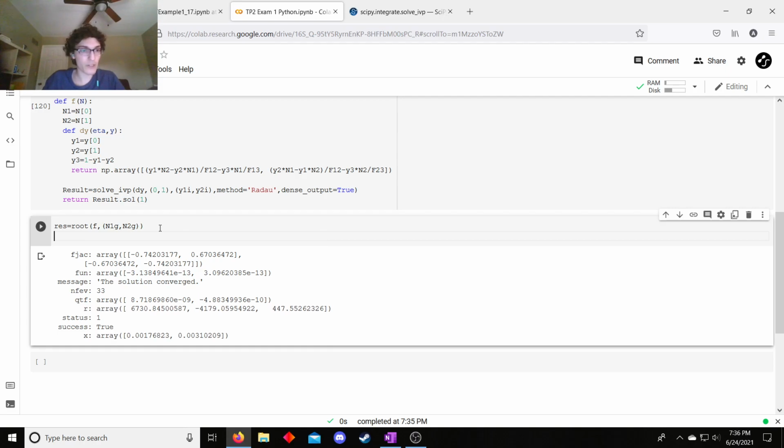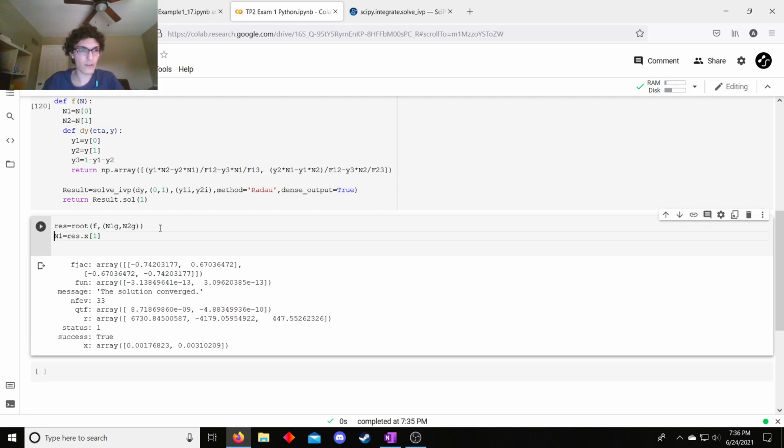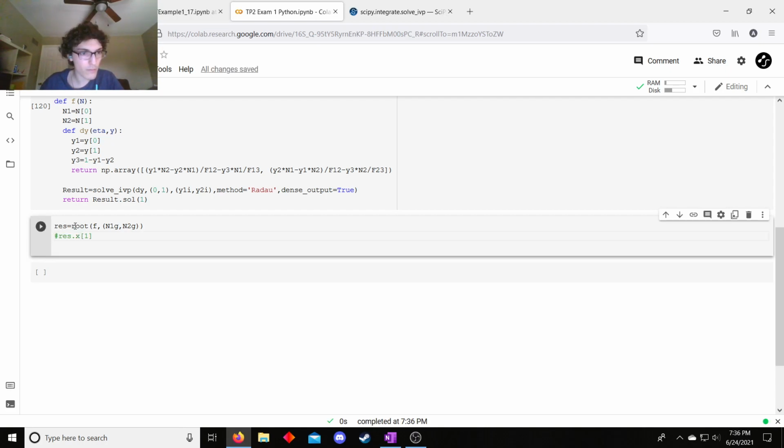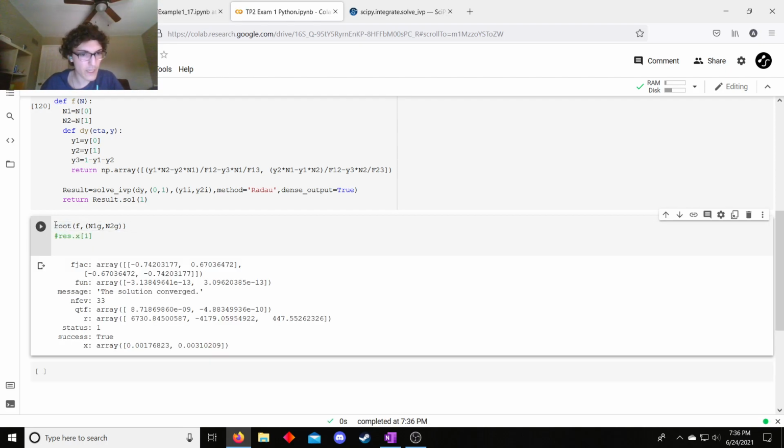Now what we want is to be able to get to those values. So I'm going to define two new n1 and n2. And this is going to be res.x, index 1. Is that right? 0.003. Yes, 0.003.